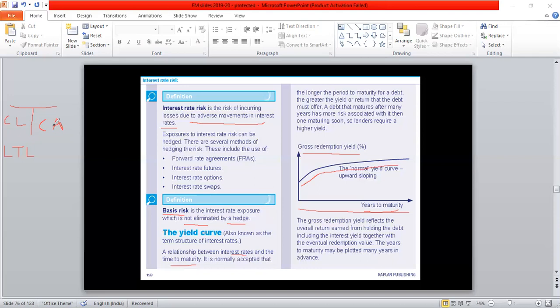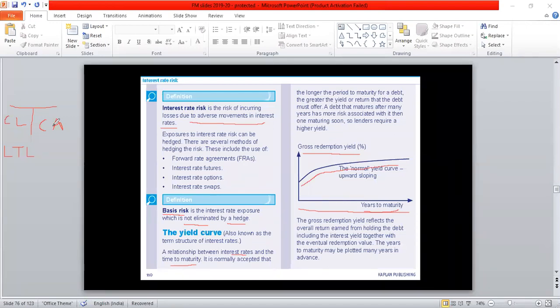So long-term investments give higher yield or higher return, higher profitability, in case the term to maturity increases. The longer the period to maturity for a debt, the greater the yield on return that the debt must offer. A debt that matures after many years has more risk associated with it than one maturing soon.